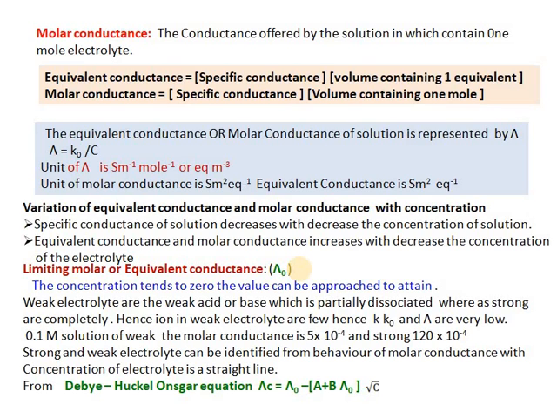It is denoted by lambda 0, and it is important for measuring the equivalent conductance or specific conductance of a solution. For example, the weak electrolytes, such as weak acids or weak bases, are partially dissociated, whereas strong acids or strong bases are completely dissociated.